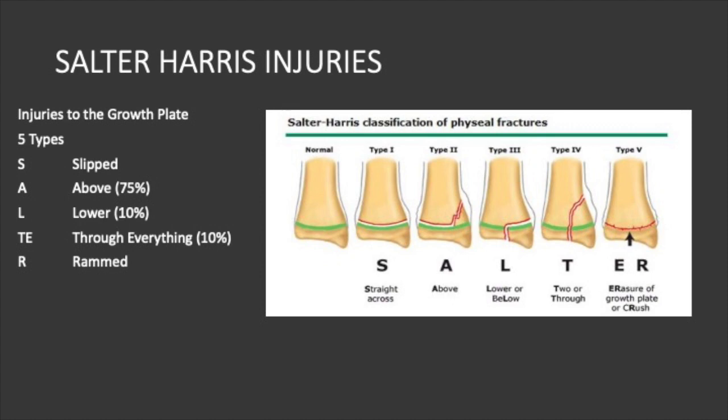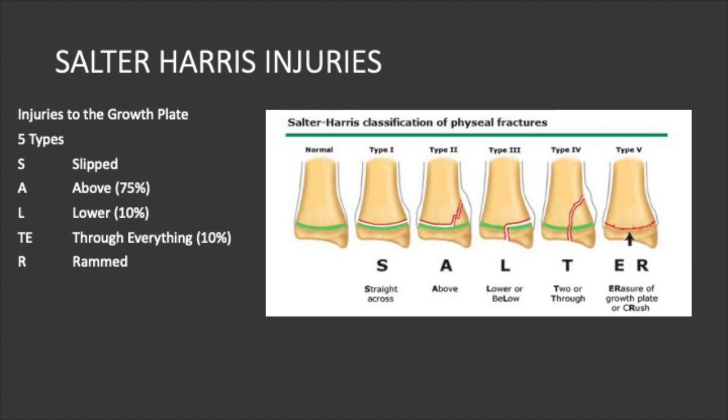T stands for through the 3 layers, including the epiphysis, growth plate, and the diaphysis. And R stands for a rammed epiphysis. Most common one is a Salter-Harris type 2, in which the fracture line goes through the diaphysis, that is above the epiphysis.